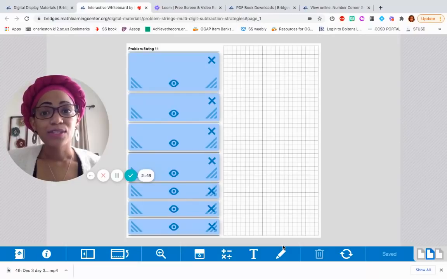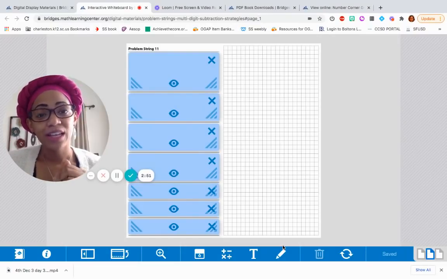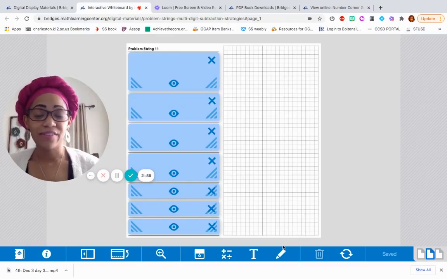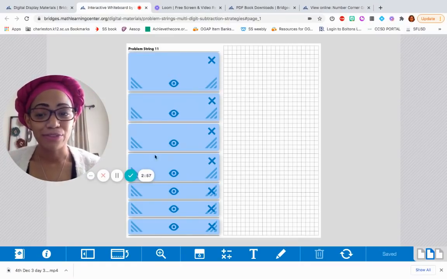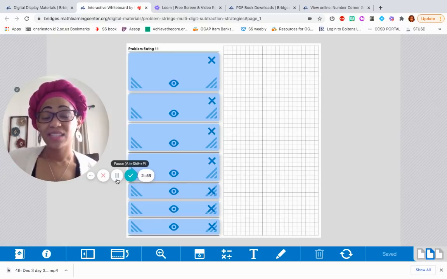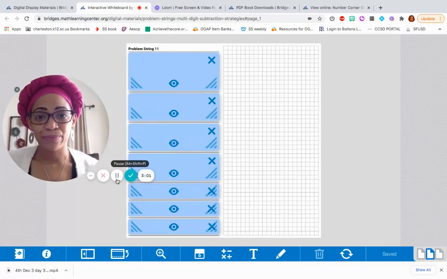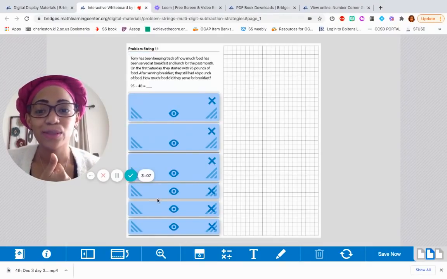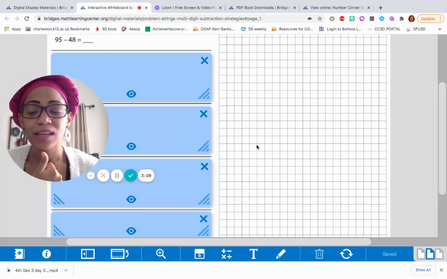Okay? So when they're serving their food, they try to reserve half for the morning and then save half for the afternoon because they only have a certain amount of food to serve. Okay, so that's our context. Hopefully by now your book is open, you're ready, and we are going to get started.